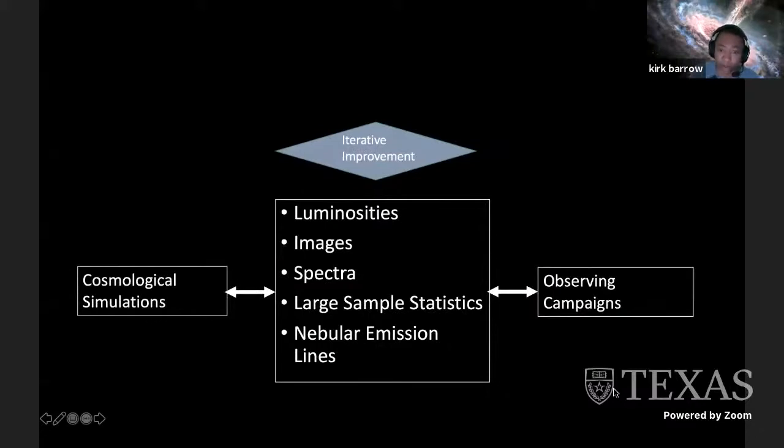So the common language, I think, is through light, and that means that I need to make cosmological simulations look like what the observers see, which is luminosities, images, spectra, and things like nebular emission lines.